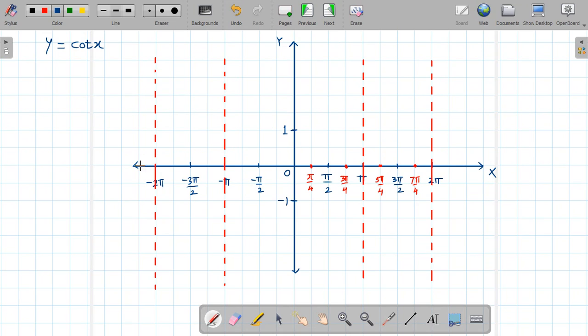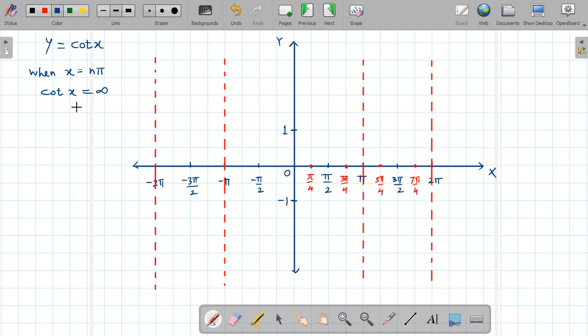Now as per this knowledge, we will draw the graph of the cot function. Consider the x-axis and the y-axis. On the y-axis, with proper scale, show the points 1 and minus 1 for our convenience. On the x-axis take 0, pi by 2, pi, 2 pi, and on the negative x-axis take minus pi by 2, minus pi, minus 3 pi by 2, and minus 2 pi. We know that when x is equal to n pi, cot x is equal to infinity.